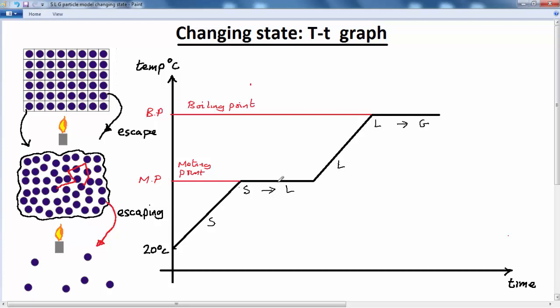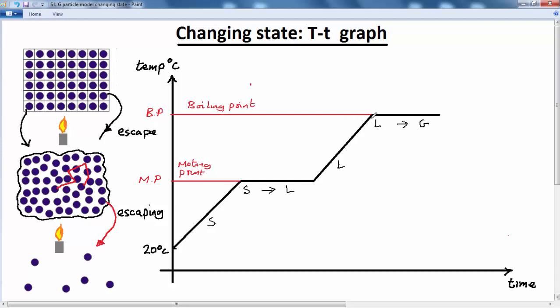We call that the melting point. Then once all of the solid has changed into the liquid state, the energy is used once more to increase the average kinetic energy of the particles and the temperature of the liquid, until we reach the point where the particles start escaping again into the gas state.